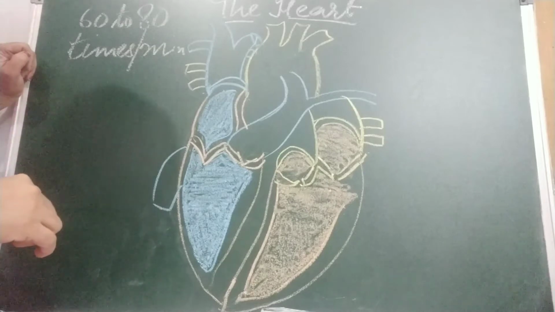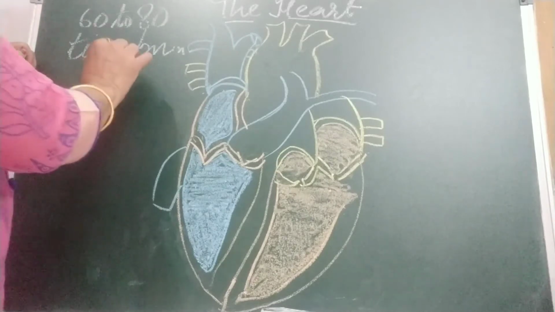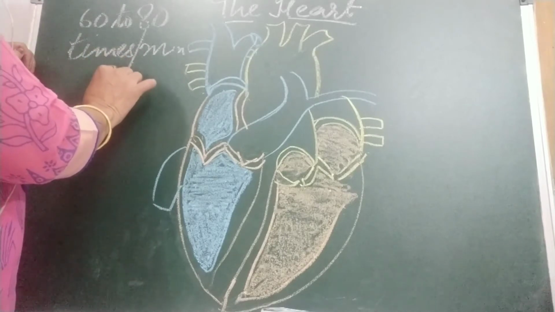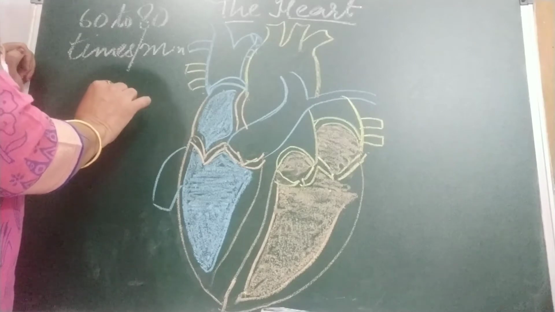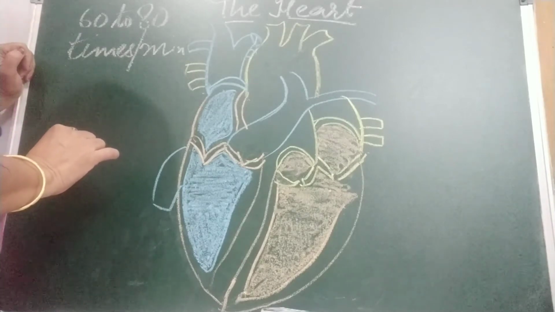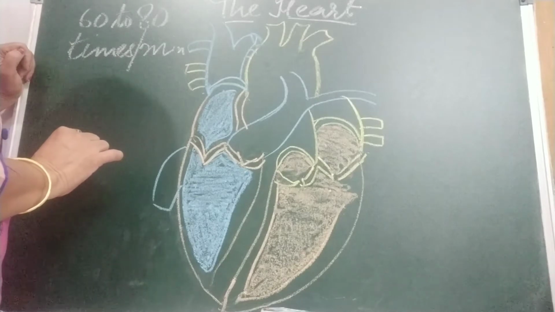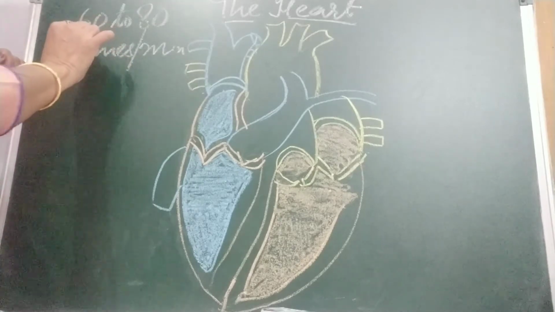Children, we can measure this heartbeat with the help of an instrument, the stethoscope, and we measure the blood pressure with the help of an instrument we call the sphygmomanometer. So I told you two things.